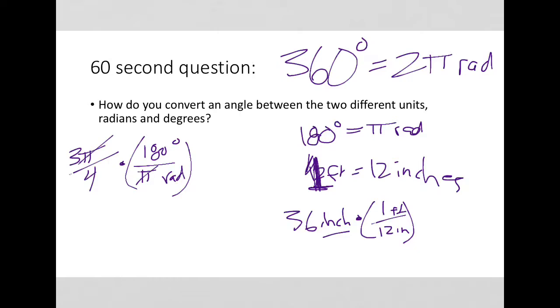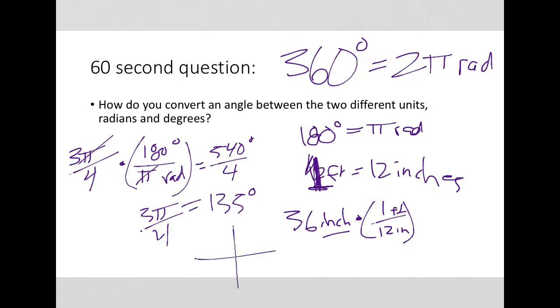So I have 3 times 180, which is 540, divided by 4. And my units are no longer radians, but now they are degrees. What is 540 divided by 4? Well, 40 divided by 4 is 10, and 500 divided by 4 is 125. So 135 degrees is equivalent to 3 pi over 4 radians.